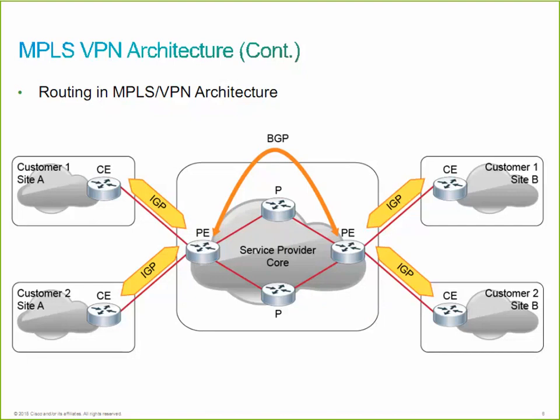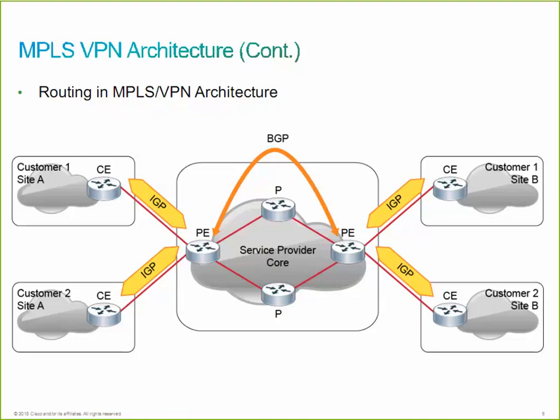So this PE router here has a BGP peering relationship with this PE router here. We're not running BGP in the core, right? We're using some sort of IGP, core IGP, to transport the BGP messages between the PE routers. And we're using MPLS to switch packets more quickly and more efficiently through the service provider core.